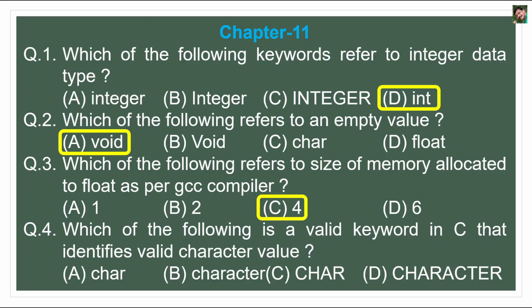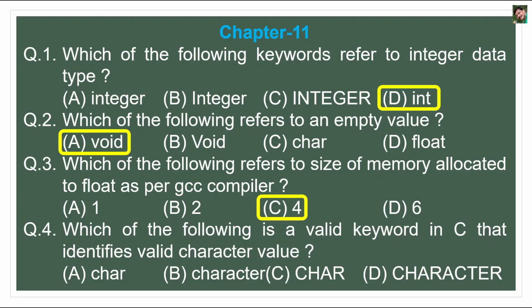Next question, question number 4. Which of the following is a valid keyword in C that identifies a valid character value? So for character, see, question 1 is about integer, question 4 is now about character.